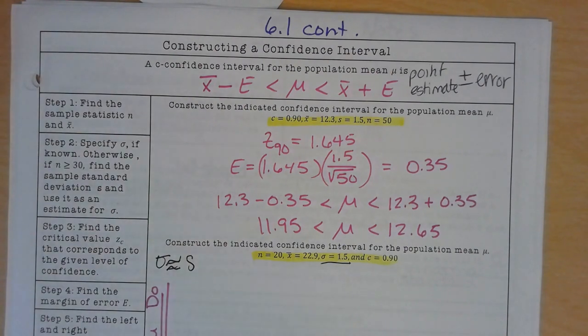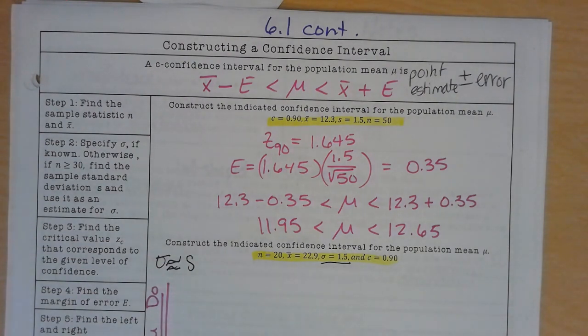And now this actually applies also to other types of point estimates. For the population mean, the point estimate is x bar. For the population proportion, which we're going to see later in this unit, the point estimate is called p hat.